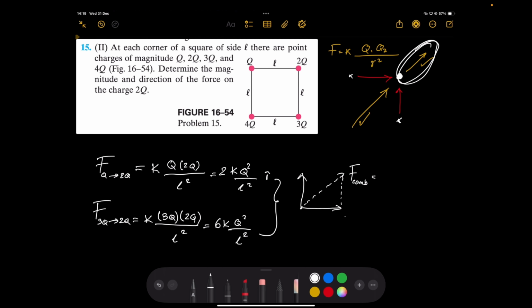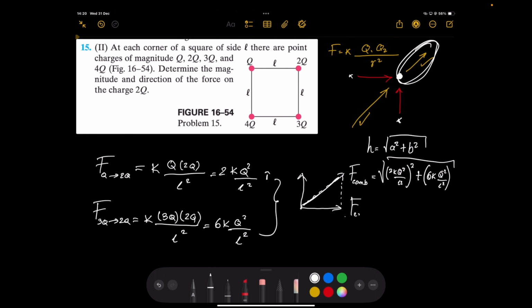The combined force is going to be equal to the square root of (2K Q squared over L squared) squared plus (6K Q squared over L squared) squared. So what am I doing? This is just like a right triangle. We're going to calculate the hypotenuse, and in this case it's the resulting force magnitude. We're applying Pythagoras, which is hypotenuse equals the square root of side A squared plus side B squared.